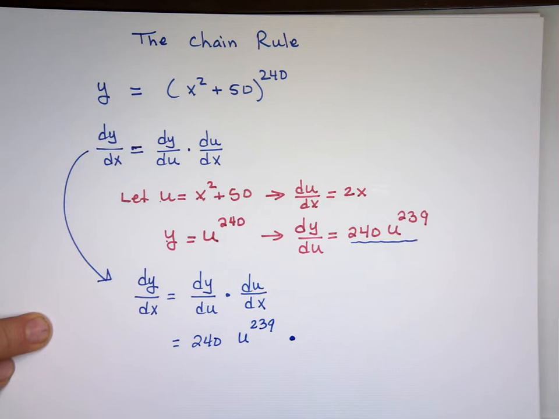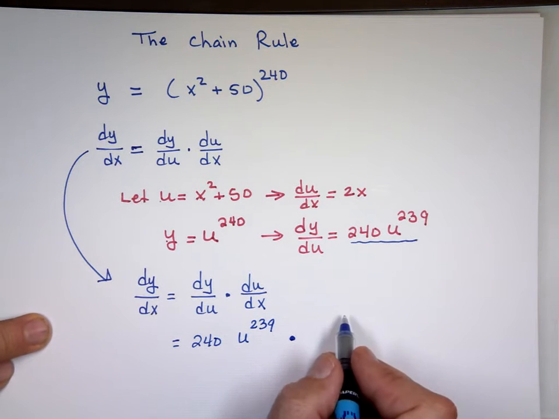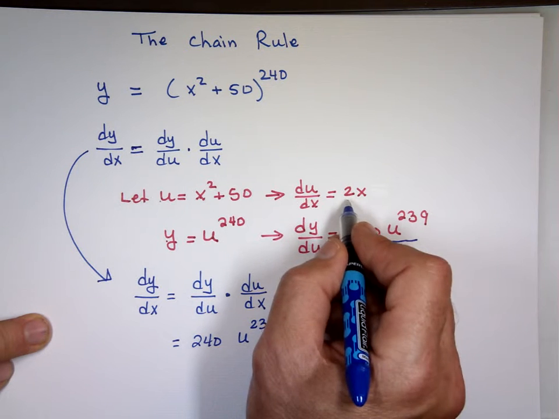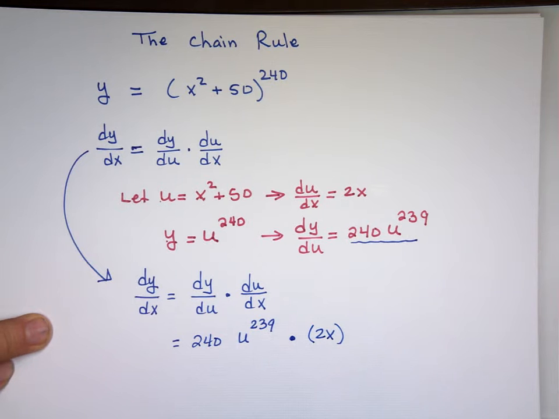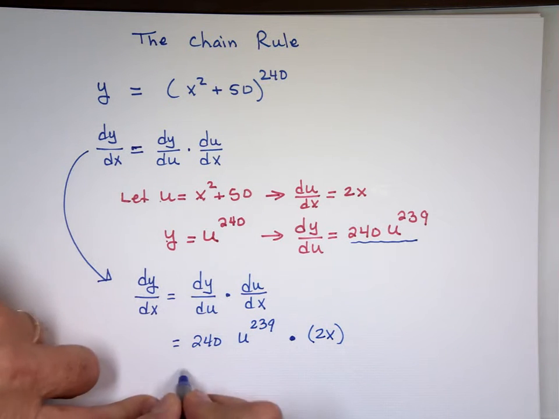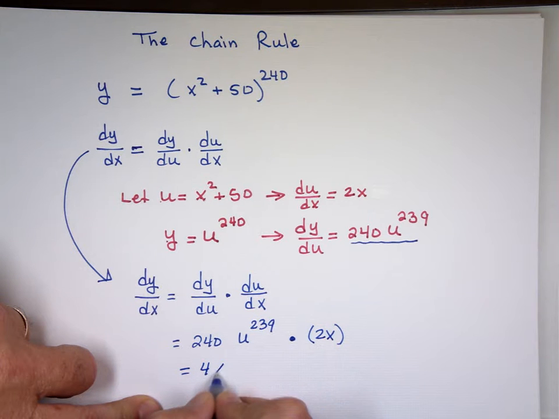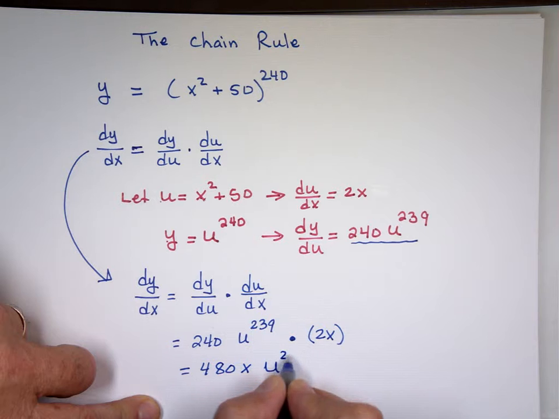Times, what is du/dx? Isn't it 2x? What's 2x times 240? Is that 480x times u to the power of 239?